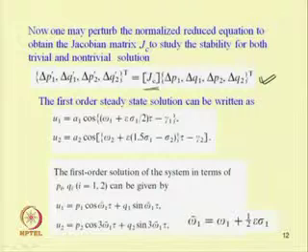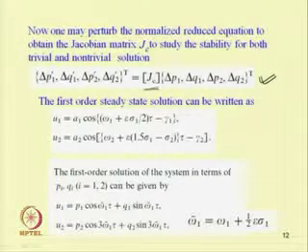By finding the eigenvalues of the Jacobian matrix, one can study the stability of the system. If the real parts of the eigenvalues are negative, then the system is stable, otherwise it is unstable.